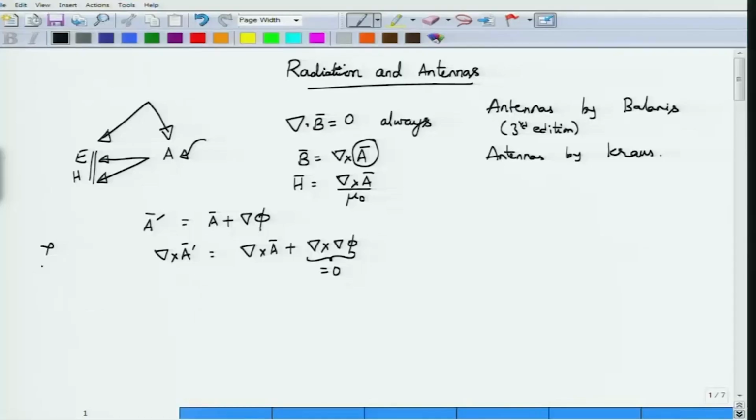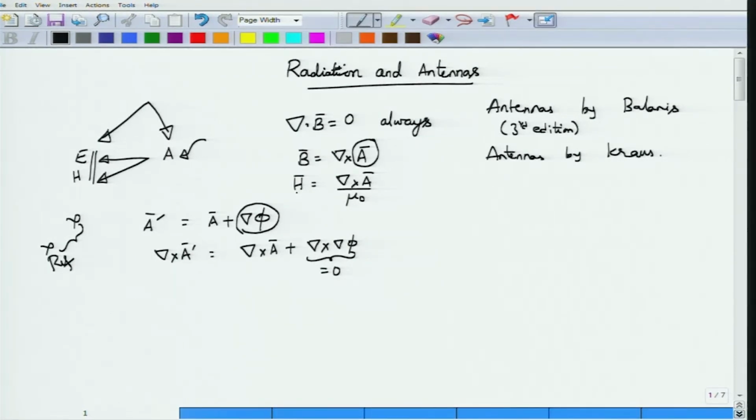Voltage at one point by itself does not tell you anything, but voltage difference between 2 points is what we are interested in. One point we call the reference, the other is the point we are interested in. So because of that there is this ambiguity in A which we understand, but we don't really do anything about this except saying that there is an ambiguity of gradient of phi. At least for now let us accept this.